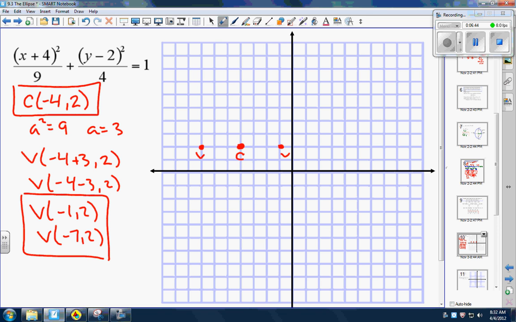We know b squared equals 4, so b equals 2. So from the center, this guy's coming out 2 and down 2. So you can find your other vertices there.